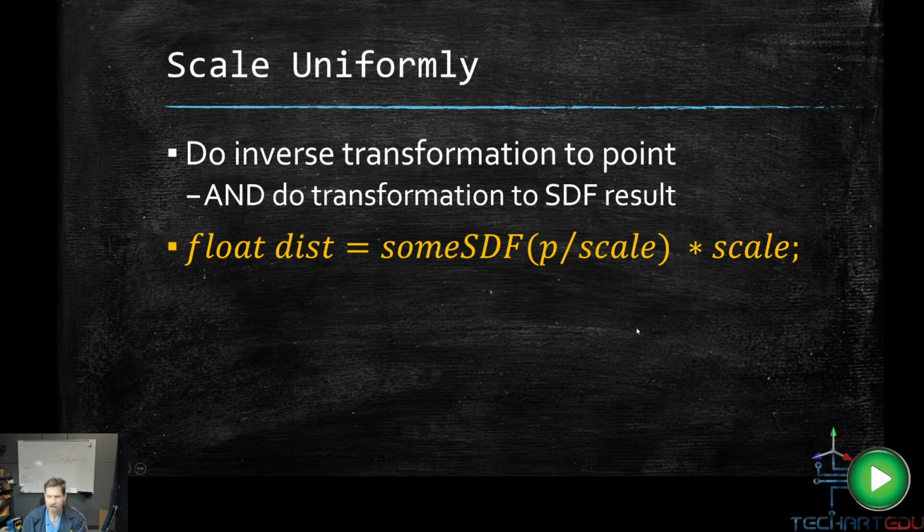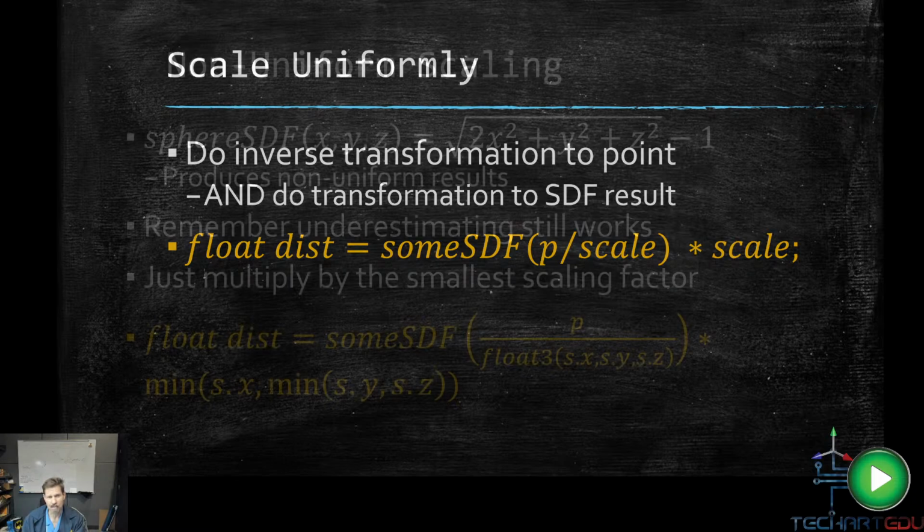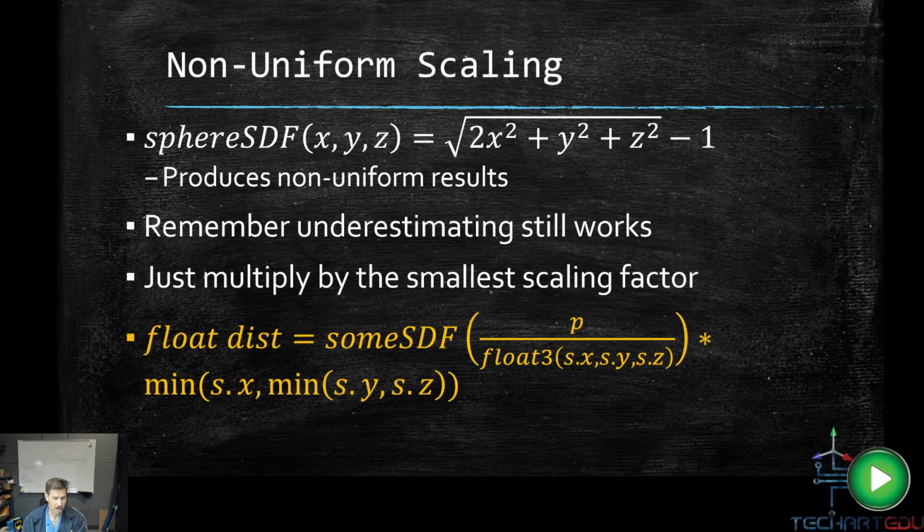It's uncanny, folks. So what you're probably wondering is, okay, what are you going to do with non-uniform scaling? Well, for an SDF, we have this basic function of x squared plus y squared plus z squared minus 1. With a doubled x scale, we're going to end up with an egg-looking shape. But remember that undershooting still works.